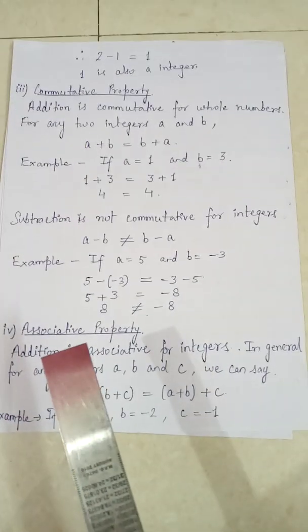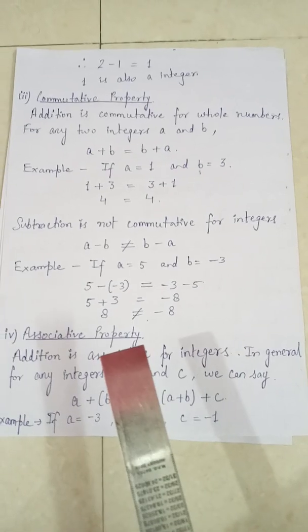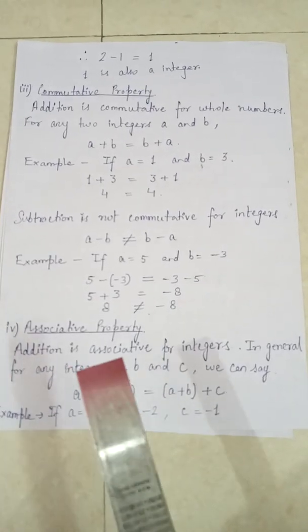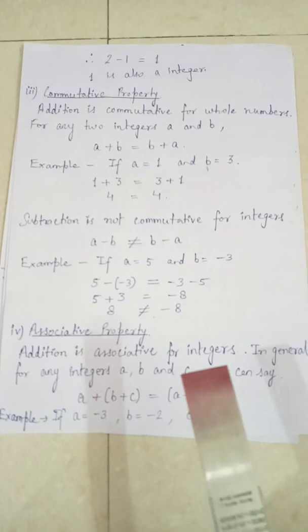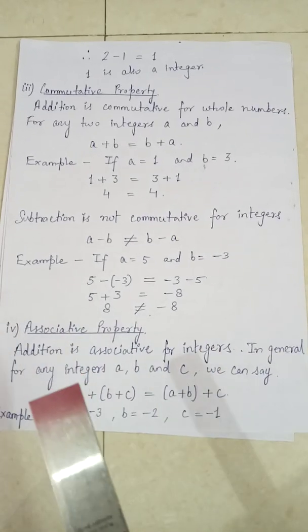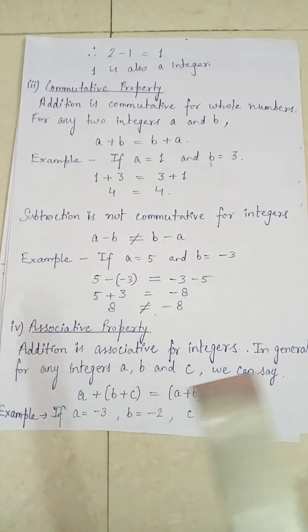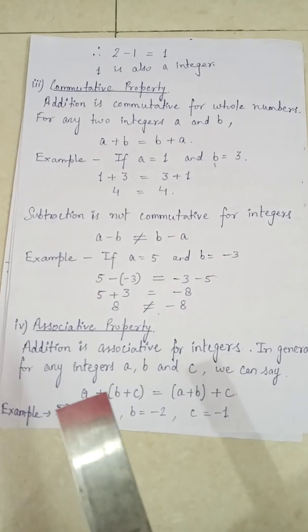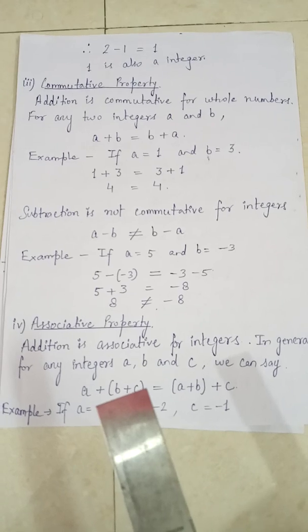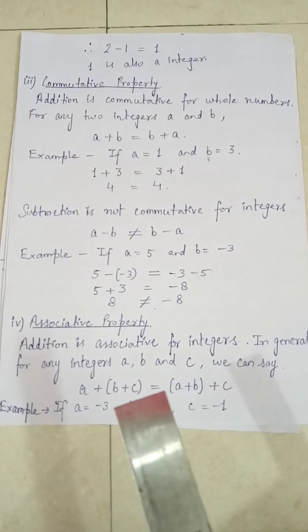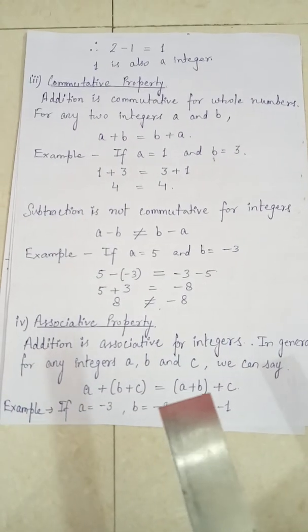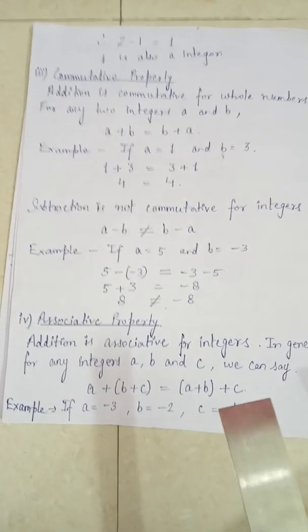The next subtopic is associative property. Addition is associative for integers. In general, for any integers a, b and c, the property is a plus bracket b plus c, and that will be equal to bracket a plus b plus c.